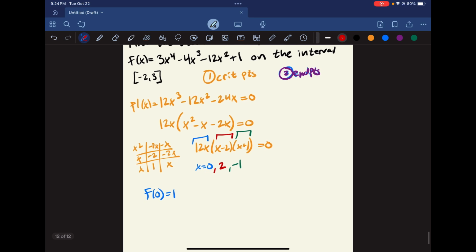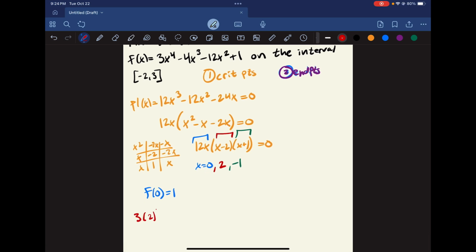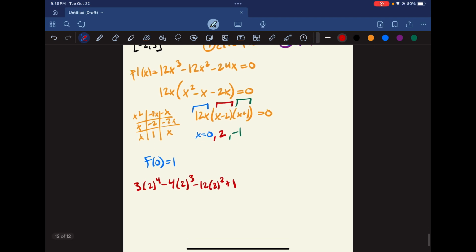For this 2, that would be 3 times 2 to the 4th power minus 4 times 2 to the 3rd power minus 12 times 2 squared plus 1. So that would be 3 times 2 to the 4th power, which is 16, minus 4 times 2 to the 3rd power, which is 8, minus 12 times 2 to the 2nd power, which is 48, and then plus 1.